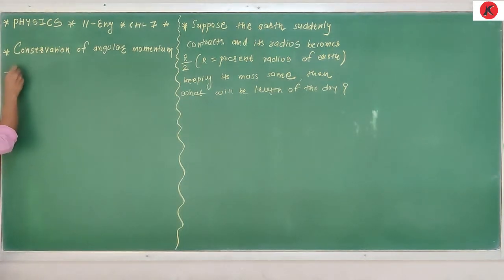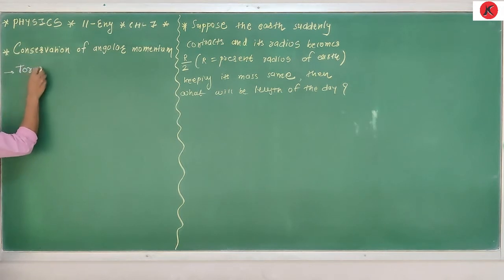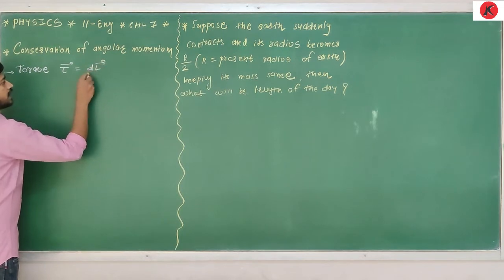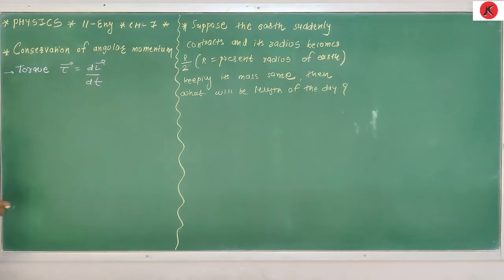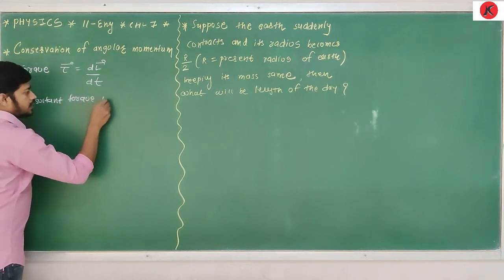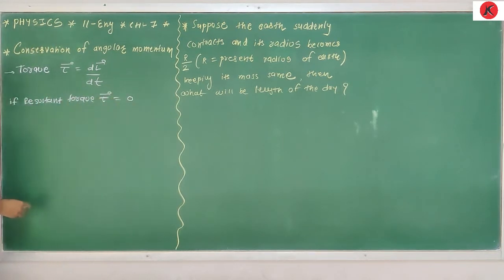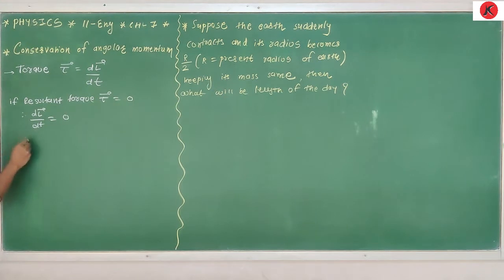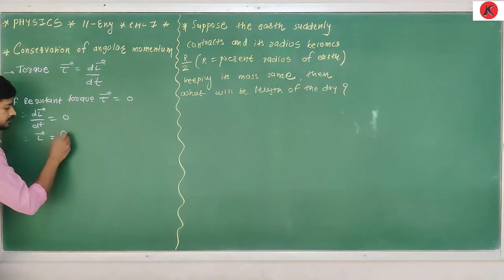We know that torque acting on a body, tau, is equal to dL upon dt. So if the resultant torque tau is equal to 0, then dL upon dt is also 0, and therefore angular momentum is constant.